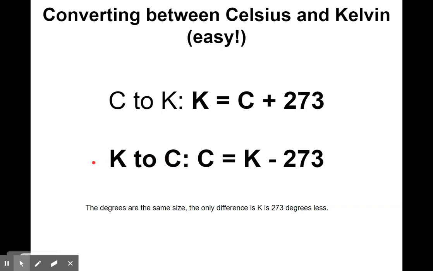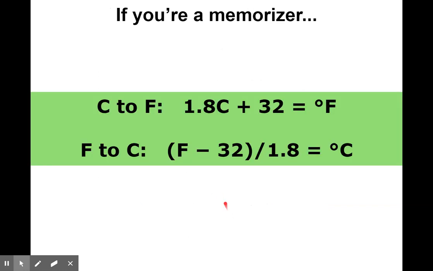I'm not sure if that made sense to you, but you can at least see these easy equations to deal with. Okay, for Celsius to Fahrenheit, it's slightly more tricky, but again, it's just an easy equation. So if you like to memorize stuff, here's what you memorize. So 1.8 times Celsius plus 32 equals Fahrenheit. When you're writing this, you don't have to write the little degree symbol.